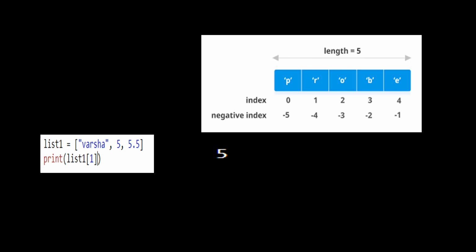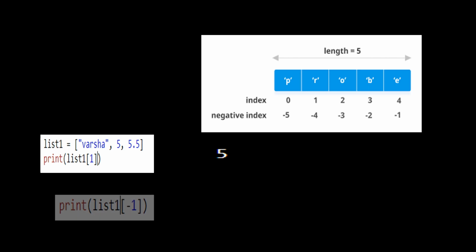Here if I want the value E, using normal indexing I have to tell index value 4, whereas in negative indexing I have to tell -1 to get the last value.